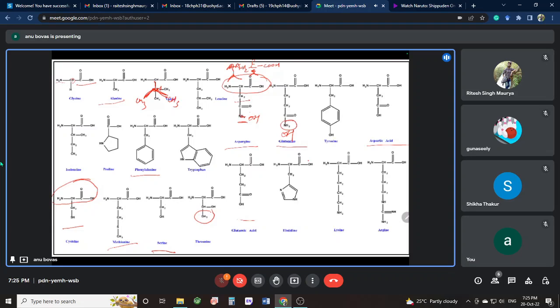So like this, you will know 10, 12 structures if we know this much, and the other structures are also quite easy. You will take some time, but if you know such structures, it might help in answering such questions and without any effort, you will get the marks very easily. There is no chance of making any mistakes in such cases. So it's important to know the structure of these amino acids.